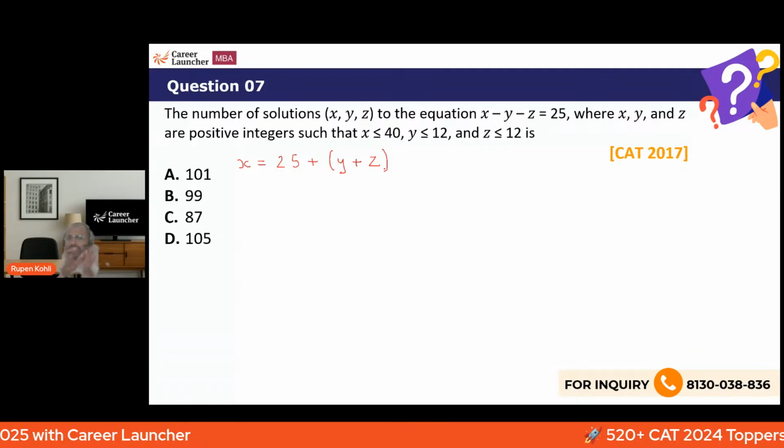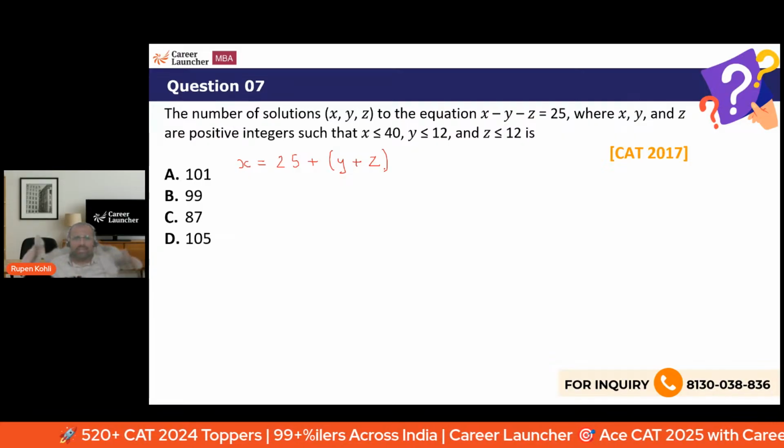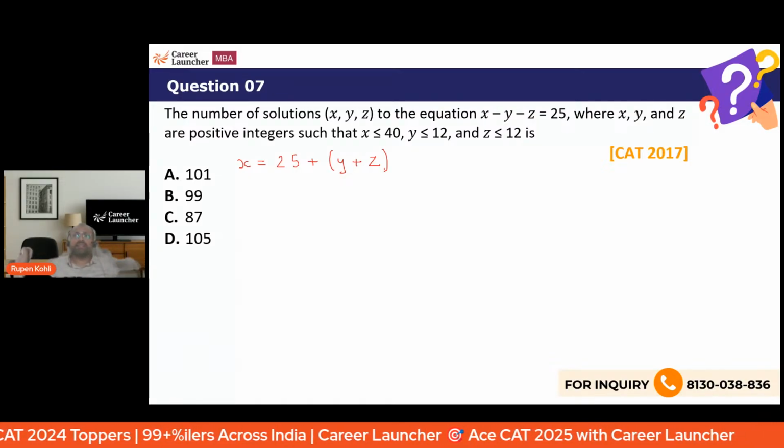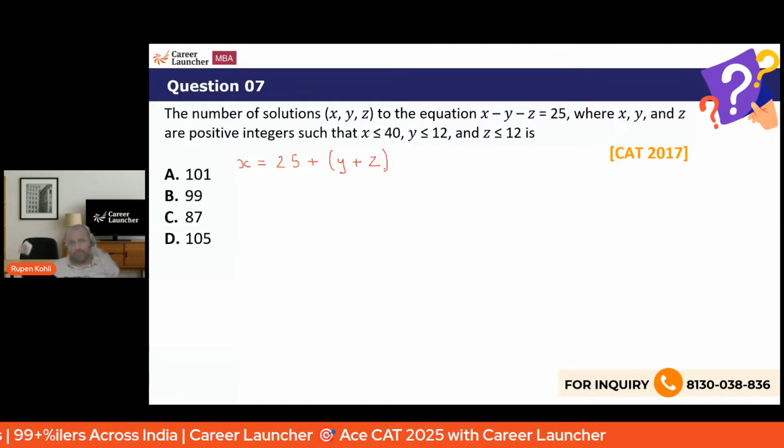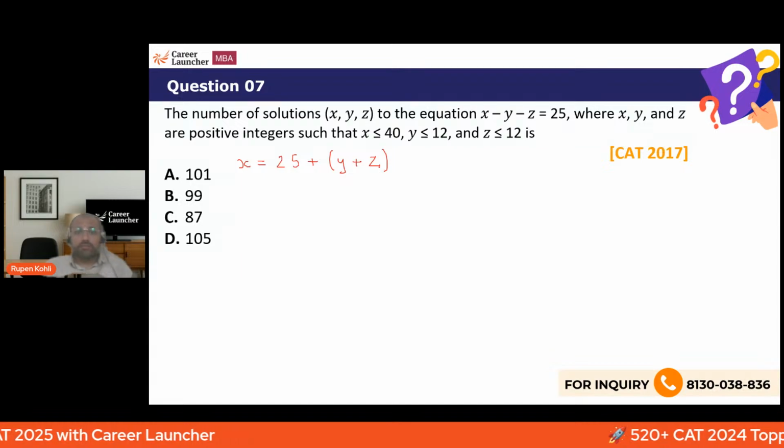So obviously this y plus z cannot cross the limit of 15. 25 plus 15 will be 40. So one thing is sure, y plus z can be at the most 15. And on top of that, y and z are on their own within the limit of 12.